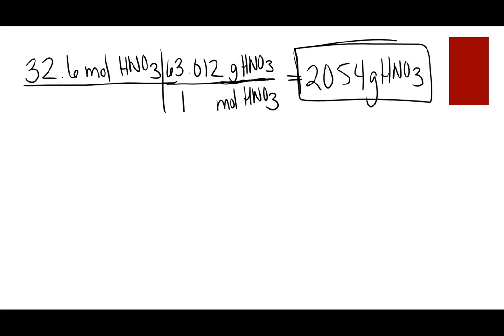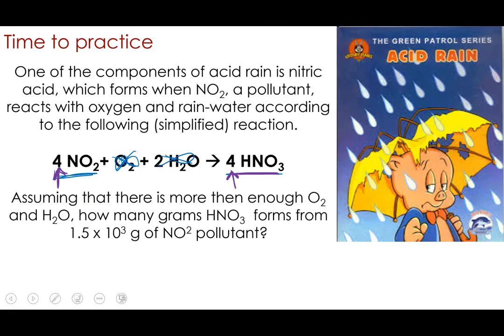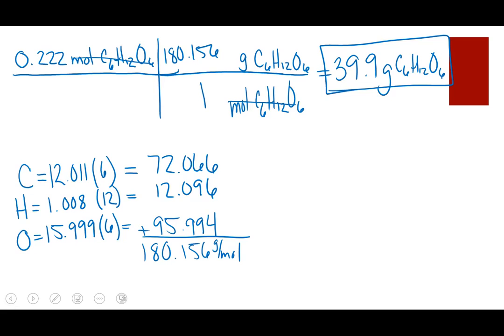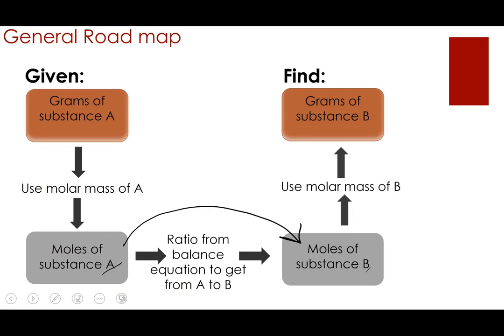So that's the end of this slideshow. The next topic is an application of this roadmap. So to solve the next problems, we're actually going to do 2 cycles through this map. So we're going to cycle to substance B, and then we're going to cycle through to a substance C, and we're going to compare these 2 answers.